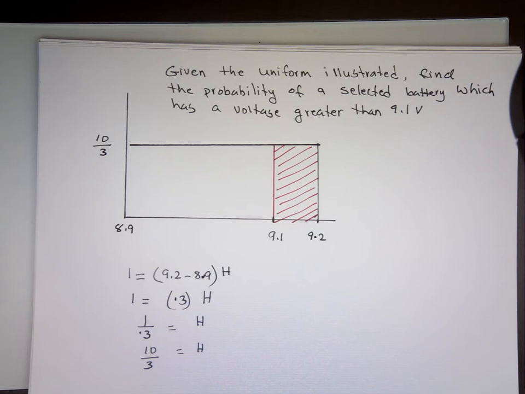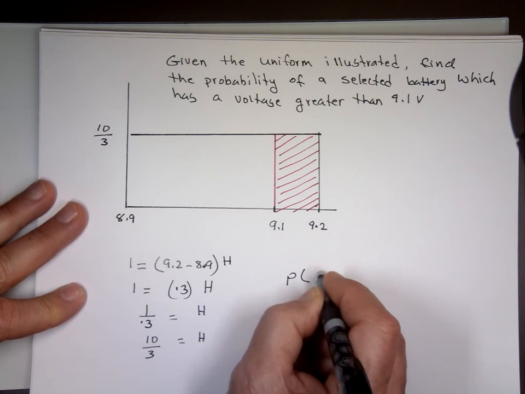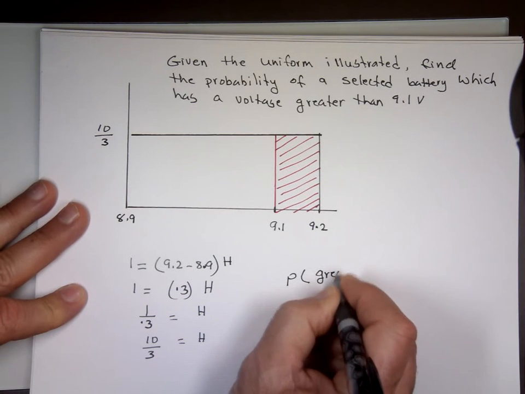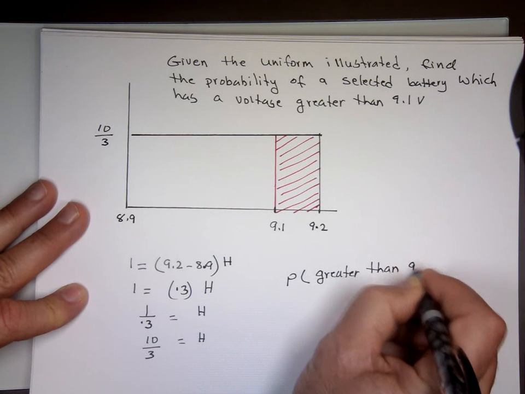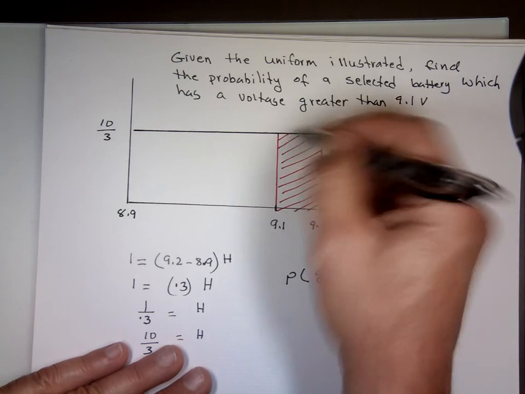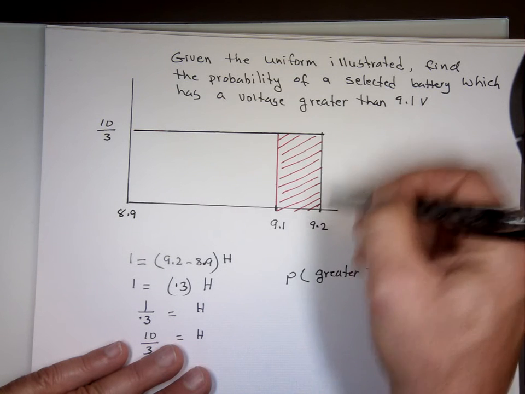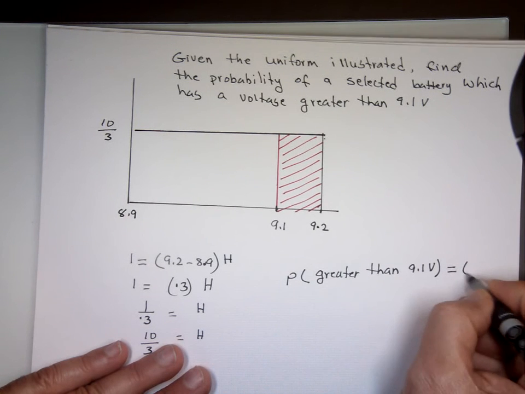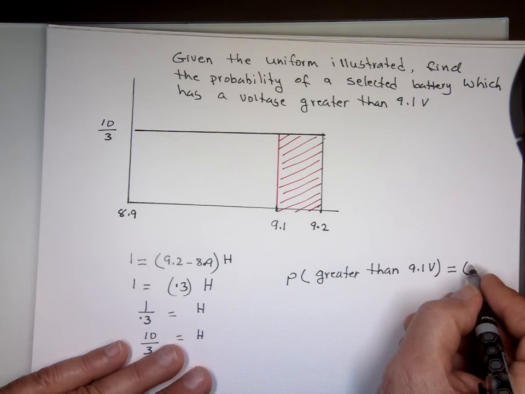So what is the probability? What's the chance if we select a battery that the battery will be greater than 9.1 volts? Greater than 9.1. Well, what's the size of this area here? Well, that's equal to what? The width times the height. What's the width? Isn't that 0.1?